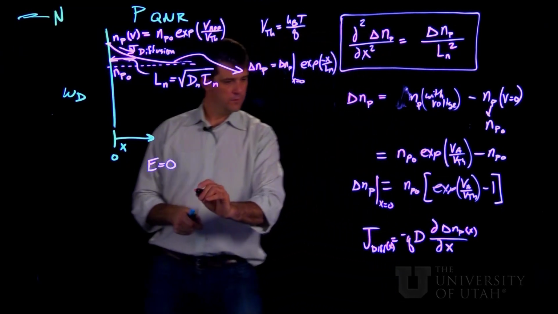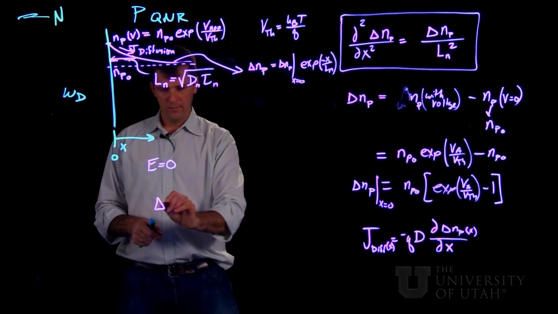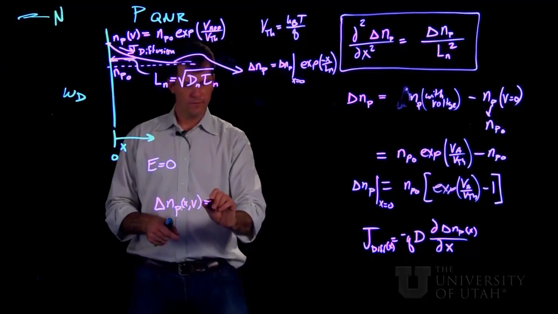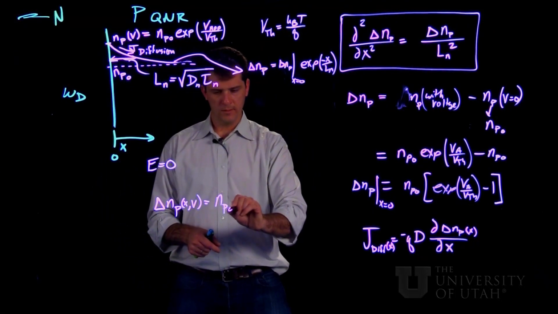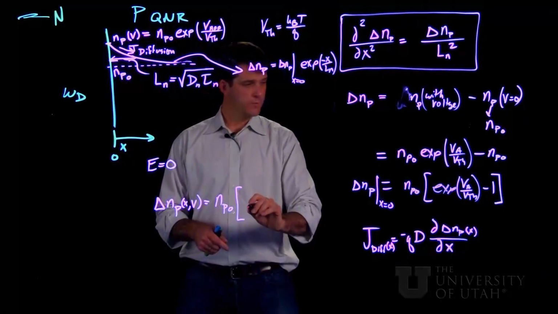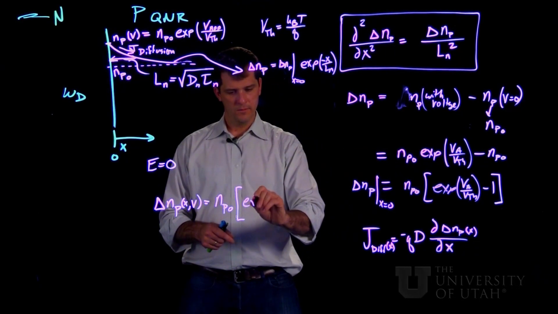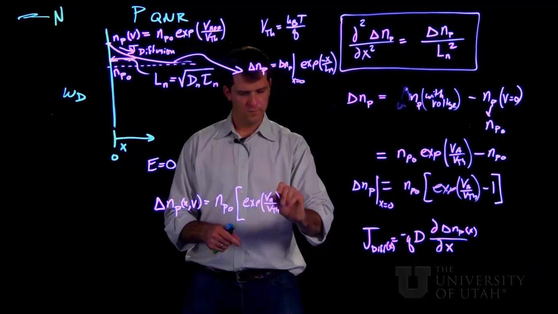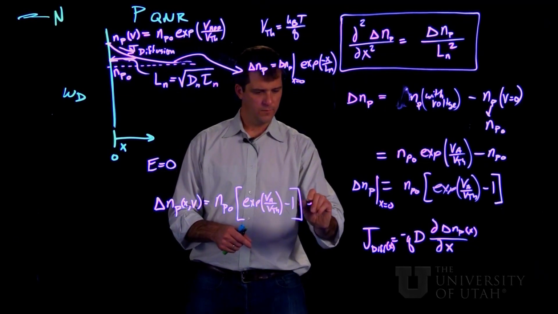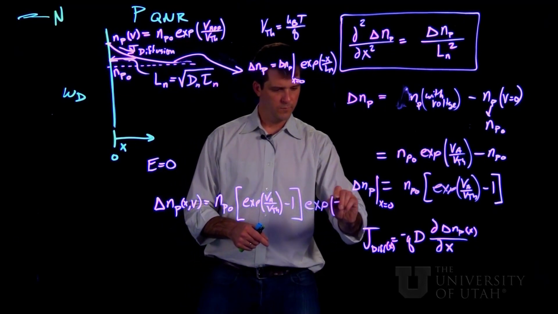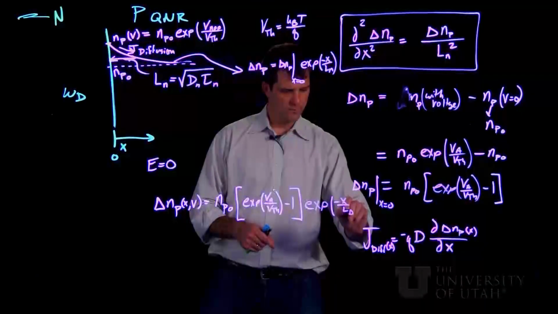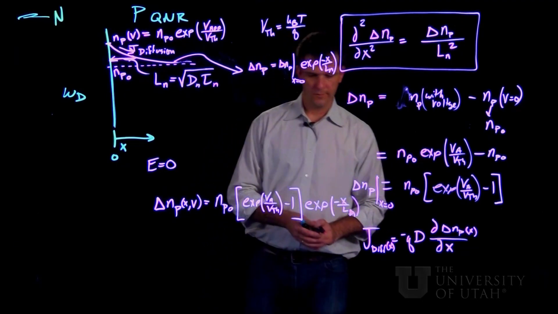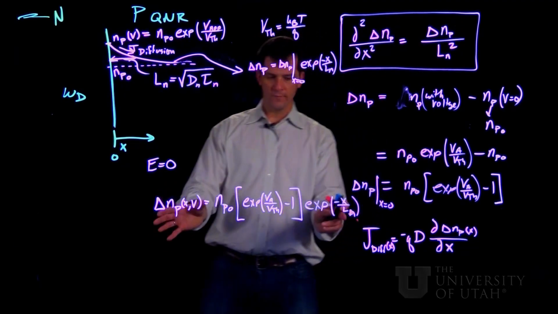So we can put this together and get that delta n p of x and voltage is now going to be given by n p naught times the voltage-dependent boundary condition, exponential to the V applied over V thermal minus 1, whole thing, times exponential to the minus x over the diffusion length for the minority carriers. So this is our function.